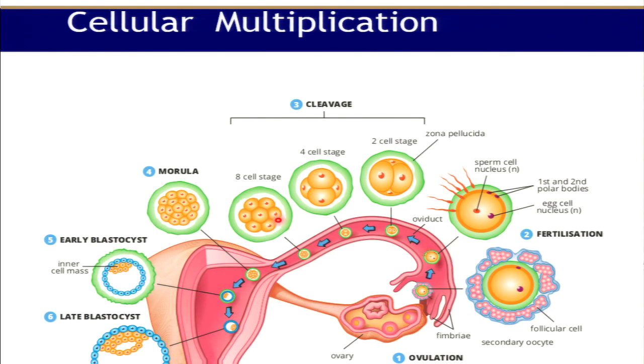The cells divide through a process of mitosis from 2 to 4, then 4 to 8, and then 16, which is called the morula. Some authorities say that the morula contains 16 cells, and the morula is also surrounded by the protective membrane called the zona pellucida.